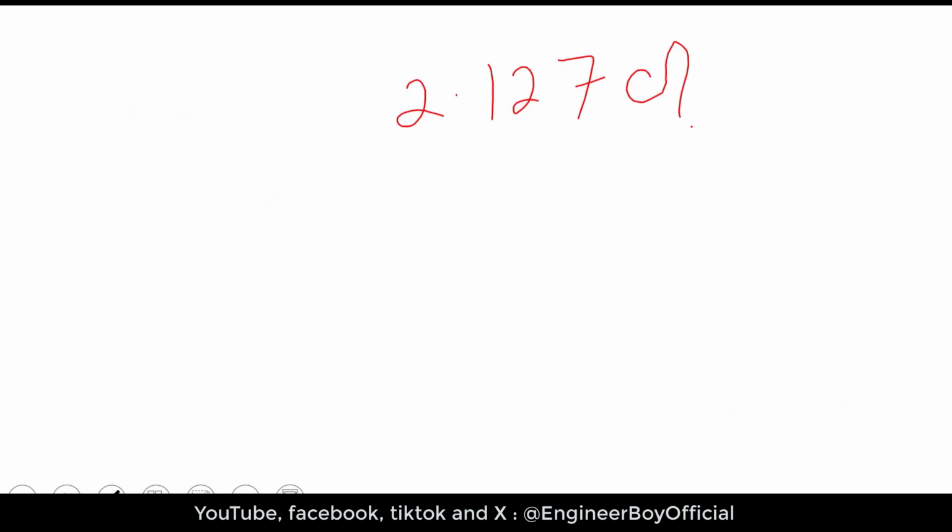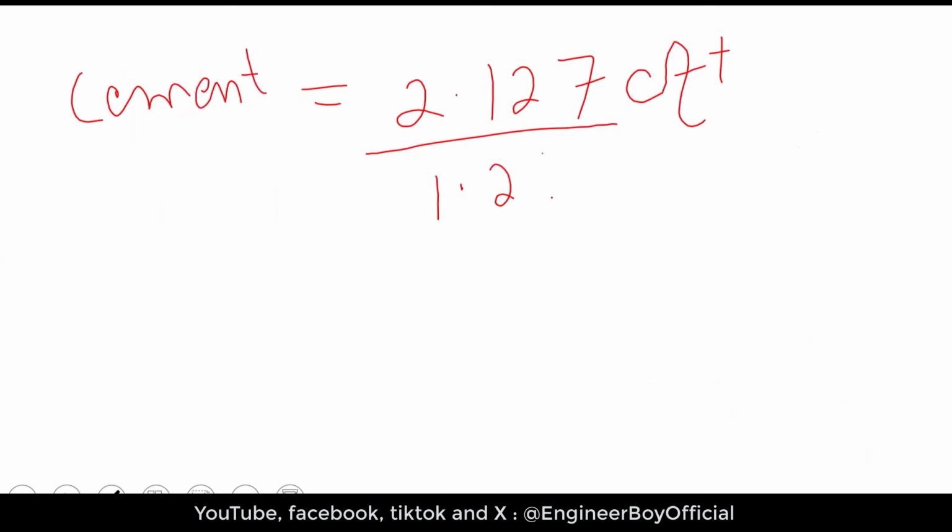So 2.127 CFT is the cement. Now divide this by 1.25 to have the quantity of cement in the form of bags, so we should have 1.701 bags.